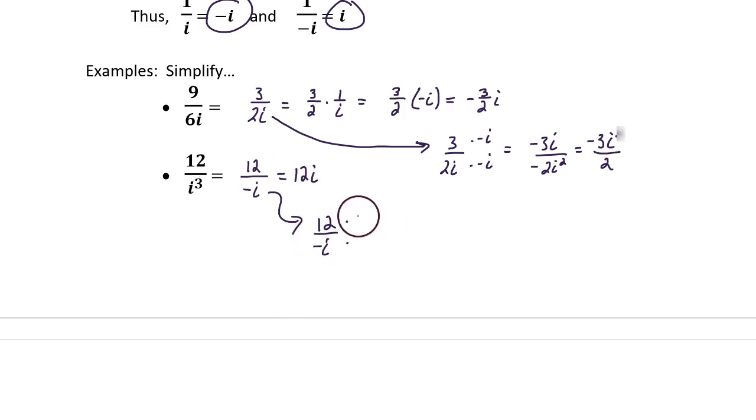Multiply top and bottom by i. This makes 12i over negative i squared. But what's the value of i squared? i squared is negative 1. And so we get 12i, the same answer.